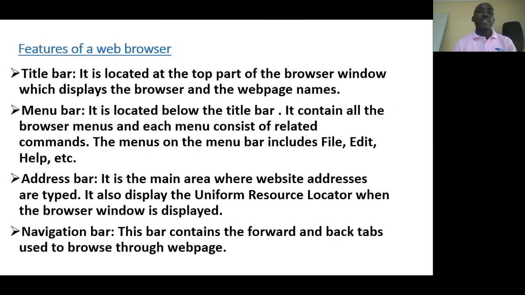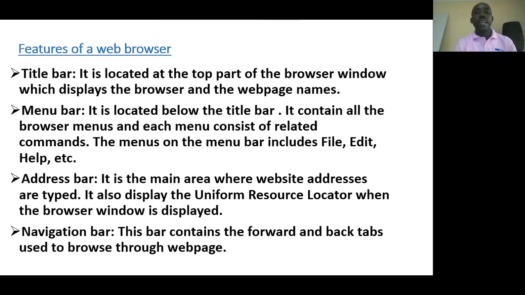The first item is the title bar. It is located at the top part of the browser window, which displays the browser and the web page names. The second feature is the menu bar.